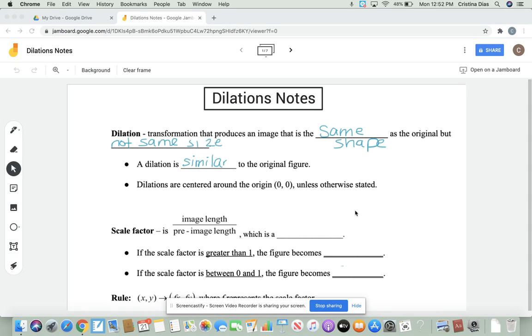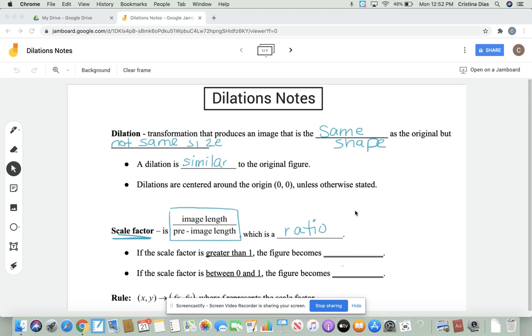So when we are dilating figures, we will be hearing the term scale factor. And basically the scale factor is a ratio of the image length to the pre-image length. So if we ever need to figure out what the scale factor is, we're going to just use this ratio.